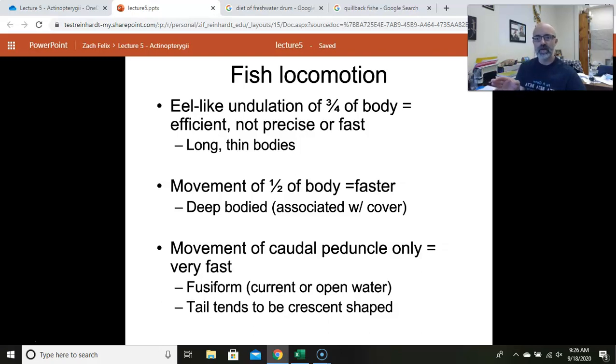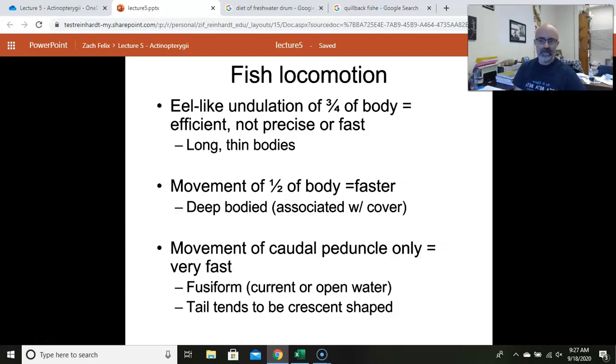So you can take the eel, not so much the hagfish, because they don't even have paired fins, but American eels or moray eels that are in marine, and they move in an undulation, and it's very efficient. They don't burn a lot of calories when they do move, but it's not very precise, or it's not very fast.